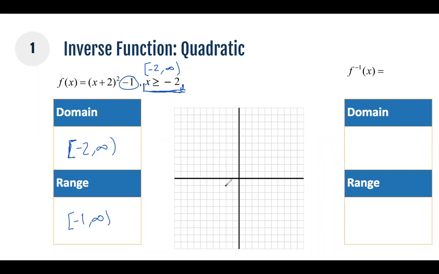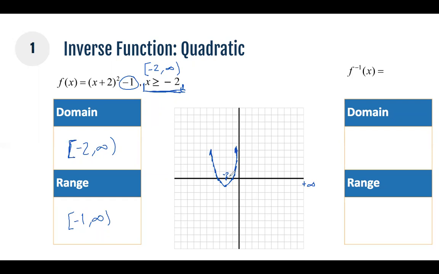So we have the function down here going kind of like that. That's the function without a restriction. That's a rough sketch of the function. But because we're being asked to use values that are greater than or equal to -2, that means that we're going to go from -2 to infinity.